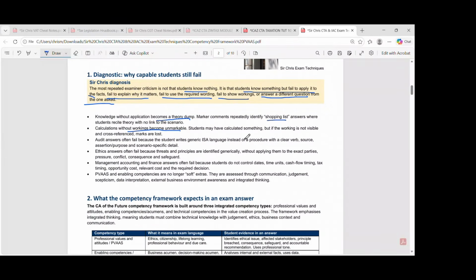So you may have calculated something, but if the working is not visible and cross-referenced, marks are lost. Audit answers often fail because students write generic procedures instead of procedures with a clear verb, source, assertion, purpose, and scenario-specific detail.